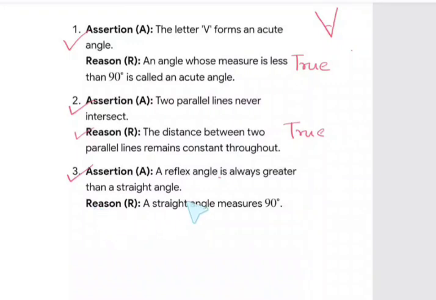Now the reason: a straight angle measures 90 degrees. A straight angle is not 90 degrees, it is 180 degrees. So the reason is false. Assertion is true, but reason is false.